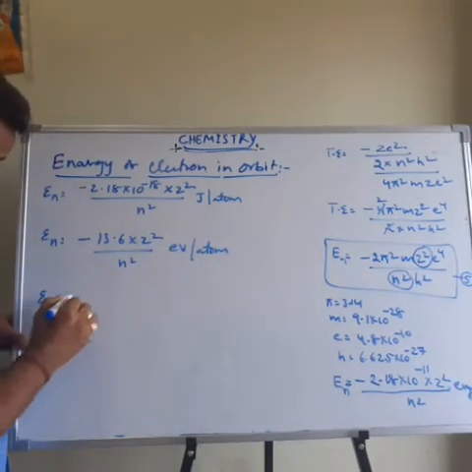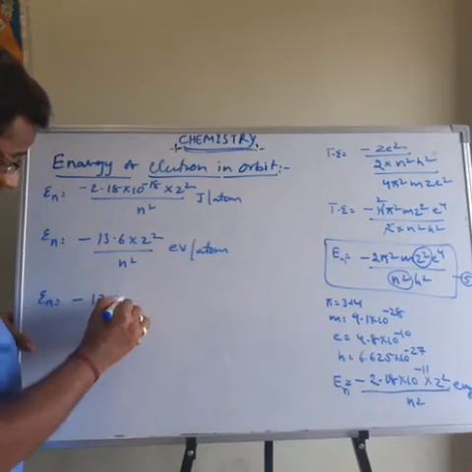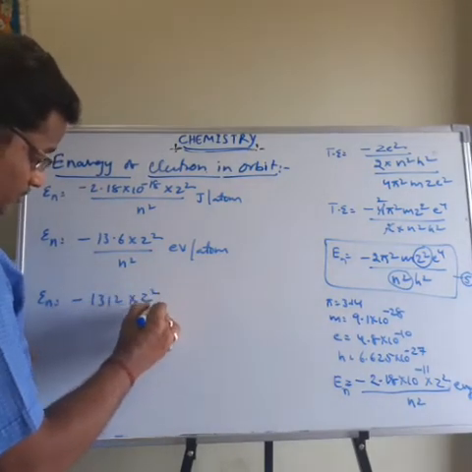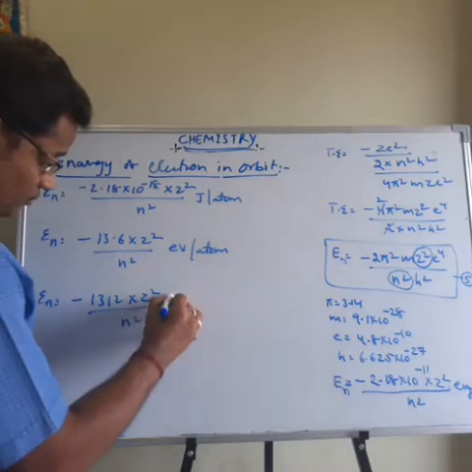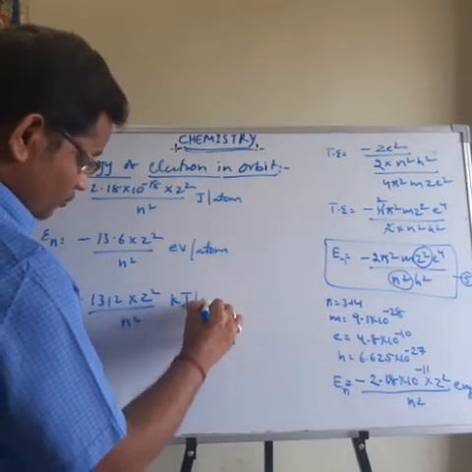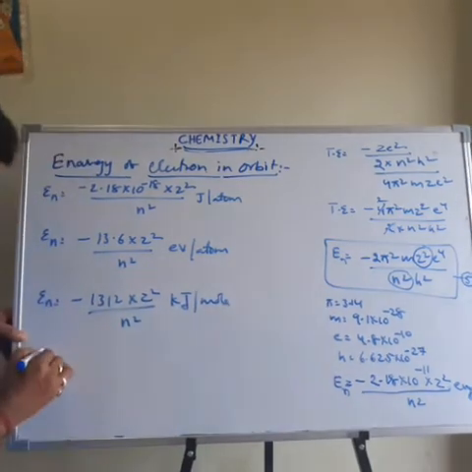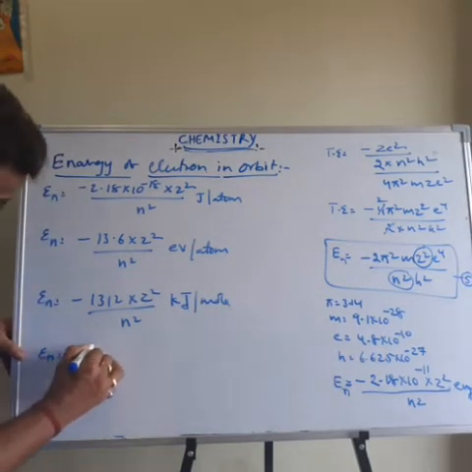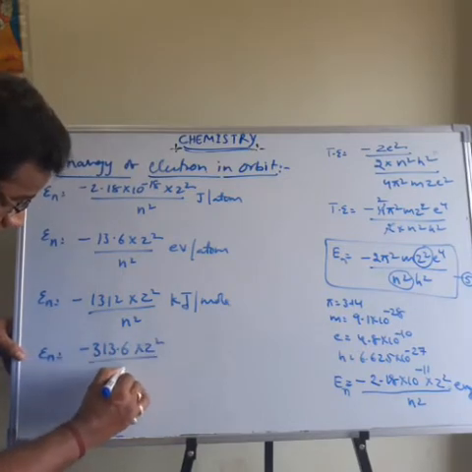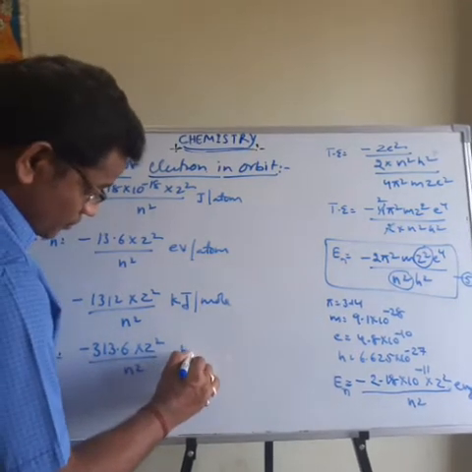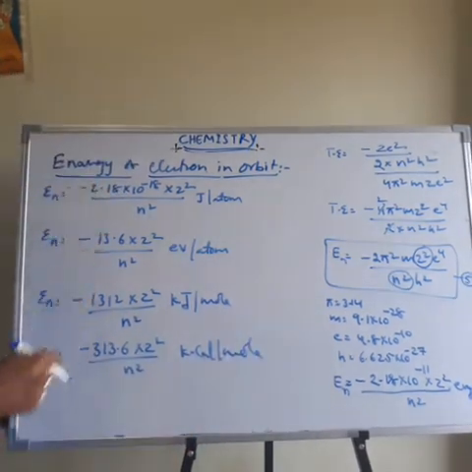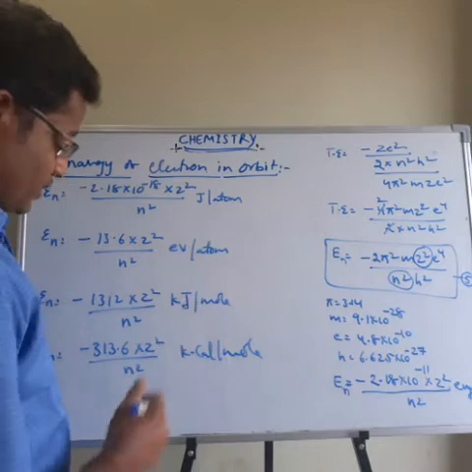En is equal to minus 1312 into Z square by N square kilojoule per mole. En is equal to minus 313.6 into Z square by N square kilocalorie per mole. So these are the E values in different units.